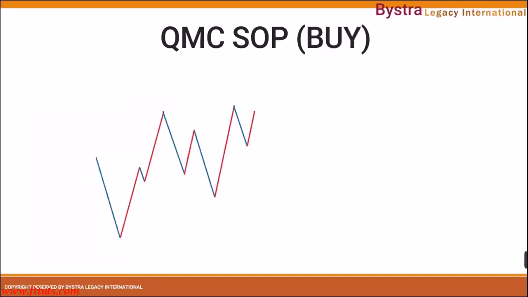Alright, now let's look at the QMC SOP for the buy setup. As we can see here, there is a QM buy setup. We can see the low, high, lower low, and the higher high. At the same time, there is one support here we can make our confluence. So here we can see that this lower low, the head of the QM, is on the second drive.